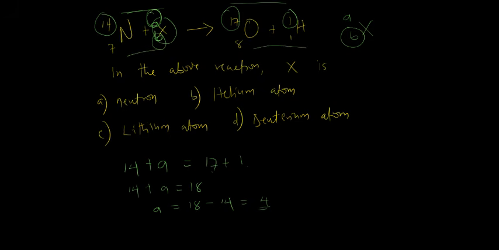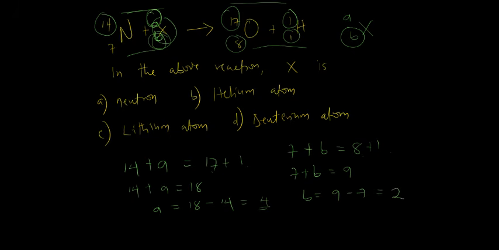So menene a reactant site shine menene? 7 plus wannan wanda yake a nan gurin shine b is equals to now wanda yake a product. Product din shine 8 da 1 kuma. So should be equals to the 8 plus 1. So now 7 plus b should be equals to 8 plus 1 is 9. Now b is equals to the 9 minus 7. 9 minus 7 kuma is equals to 2.